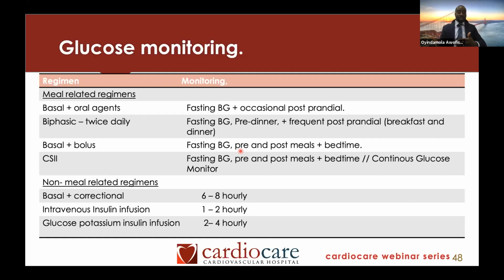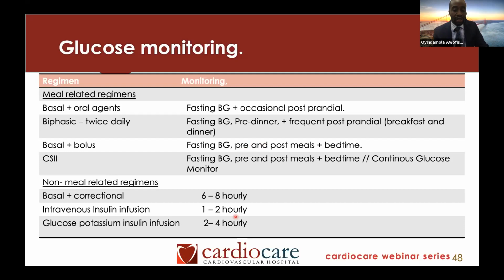So in people on CSII, they have to check their blood glucose level in a manner similar to that of a patient on basal bolus insulin, or in a manner using a continuous glucose monitor.